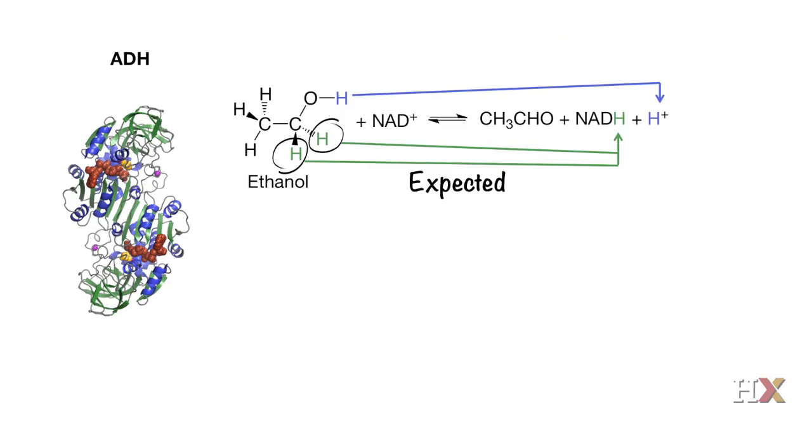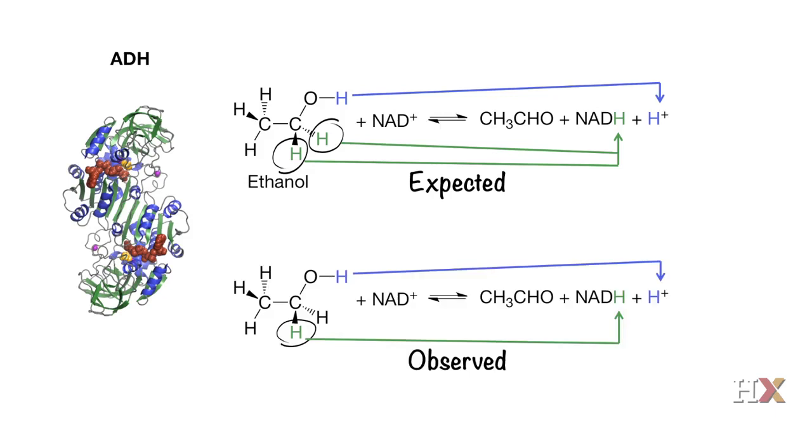The hydrogen from the hydroxyl group of ethanol can give rise to the proton in our reaction, and the 2 hydrogens carried by the methylene group of ethanol would have an equal probability to be transferred to the molecule of NAD+ to form NADH. What is in fact observed is that it's always the same hydrogen that is transferred from ethanol to NAD+.